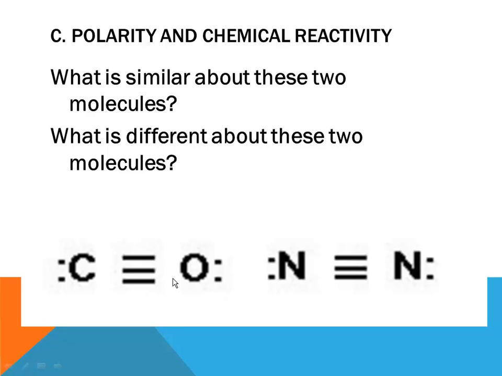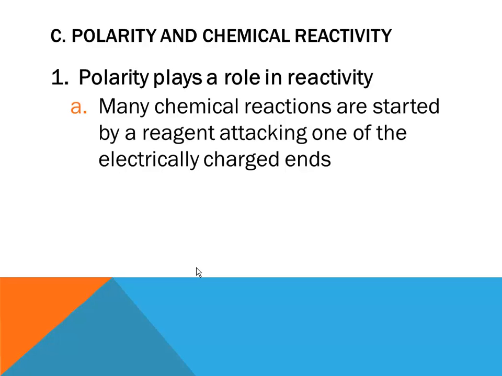So what's different about them is that oxygen is the most electronegative atom out of the three. Nitrogen is very electronegative, but they're equally pulling. Carbon isn't as electronegative as oxygen, so oxygen is going to have more of a negative charge. So it's polar. Nitrogen is not polar.